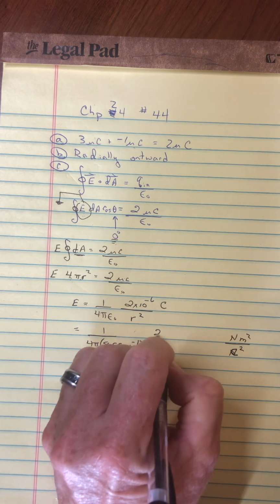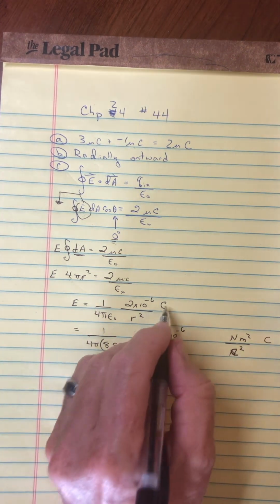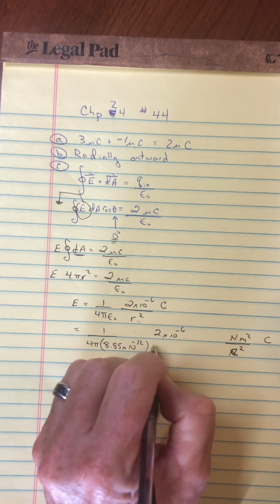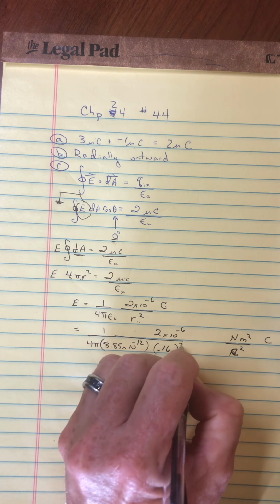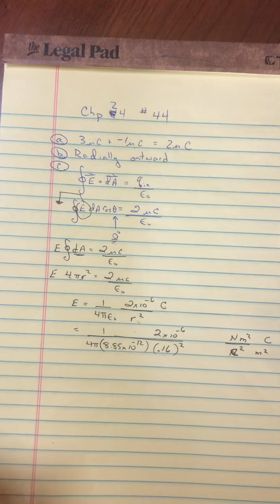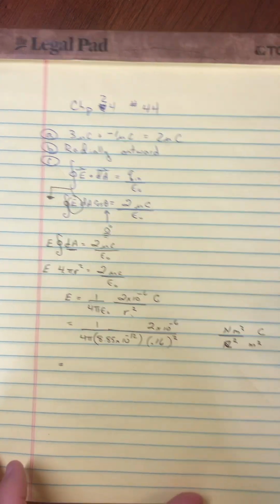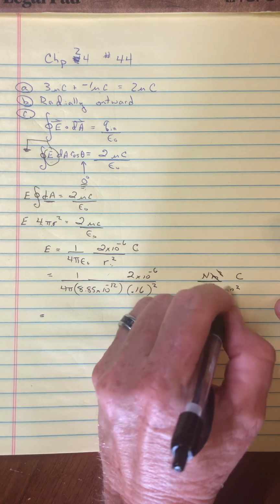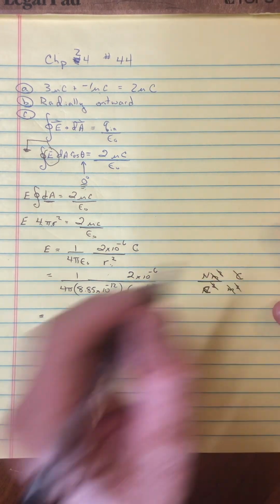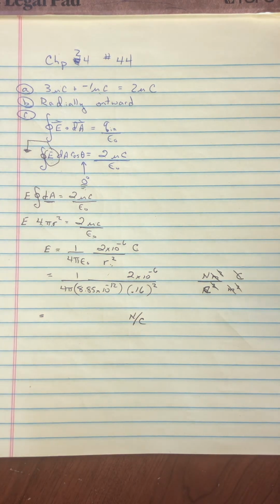This is this 2 micro, and so I'll put the coulombs with it. And then the distance is the 0.16 squared, and that's meters squared. And so in terms of units, the meters squared is going to cancel off, and one of the coulombs, leaving me with newtons per coulomb.